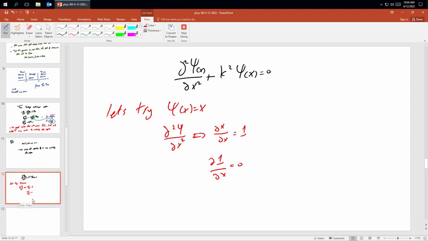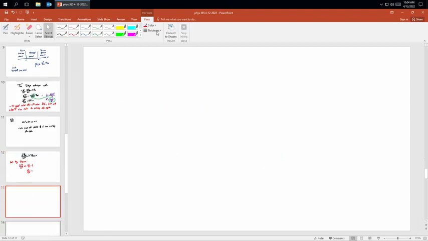So what that means is, if that's the case, this first term is going to go to what? To 0, right? Which means, let me write this down, k squared x is going to equal 0.